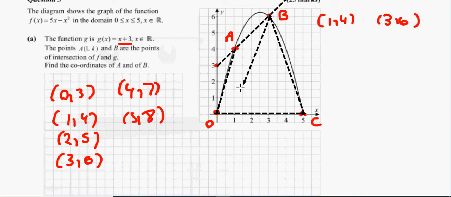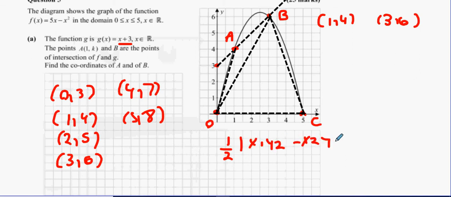Now, technically, what is it? A half x1 y2 minus x2 y1. Anybody remember this formula from back in the day? You can only use this formula when one of the points is 0, 0. Do you remember that?